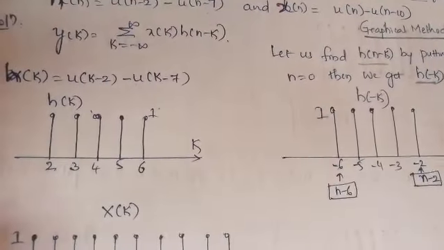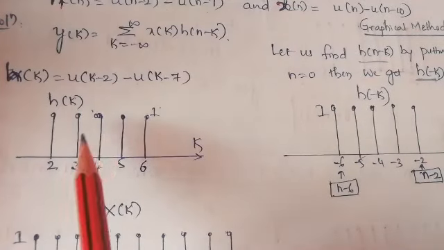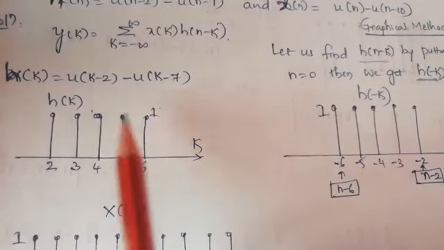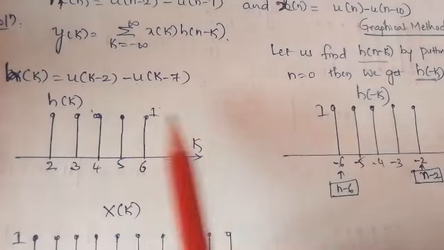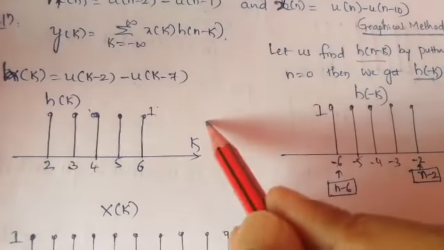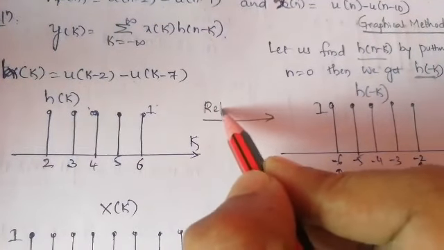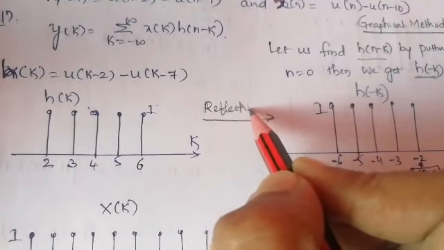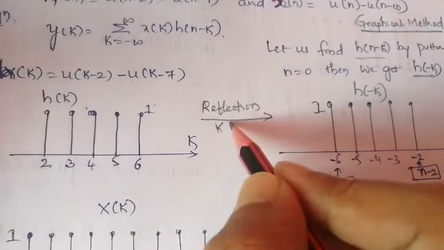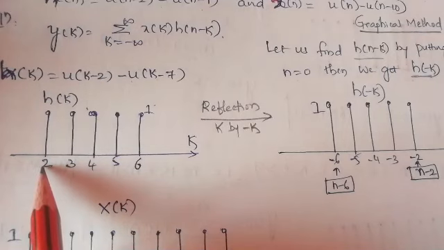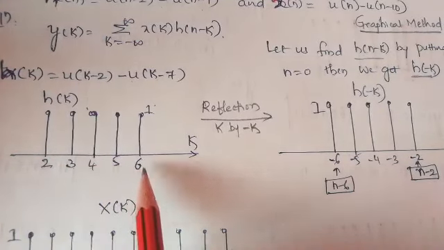Let us first sketch h of k. The resulting signal will start from 2 and end at 6 with amplitude 1. But we want h of minus k, so take the reflection of this one. Reflection means replacing k by minus k, so it becomes minus 2, minus 3, minus 4, minus 5, minus 6.